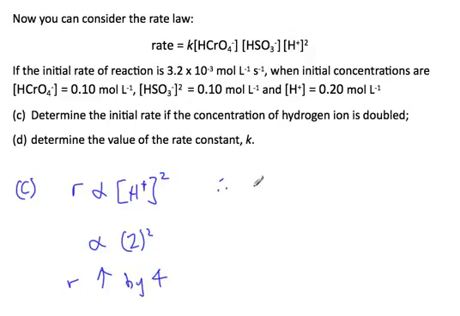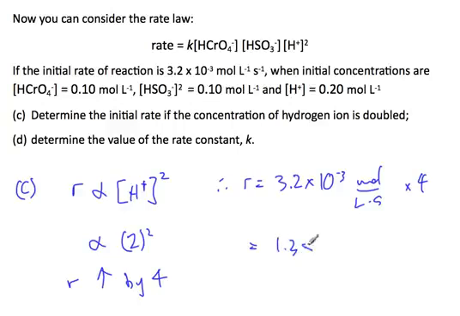And so rate's going to be 3.2 times 10 to the minus 3 moles per liter second times 4, or it's going to be 1.28 times 10 to the minus 2.